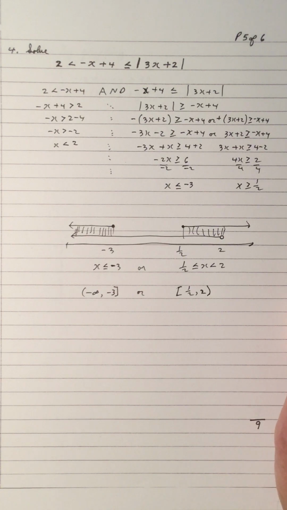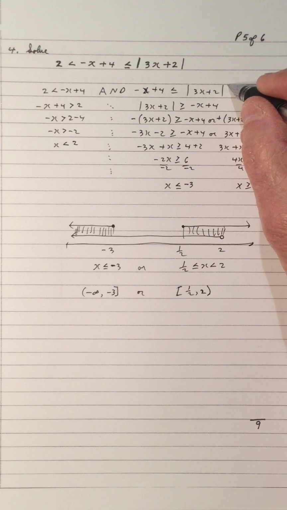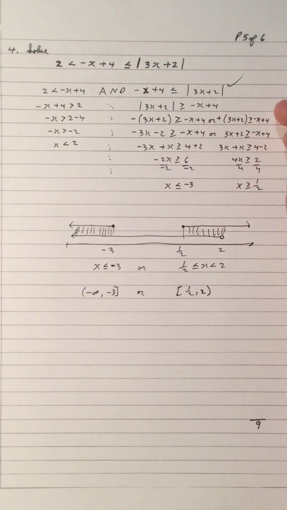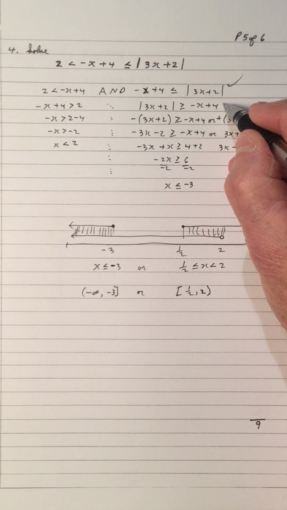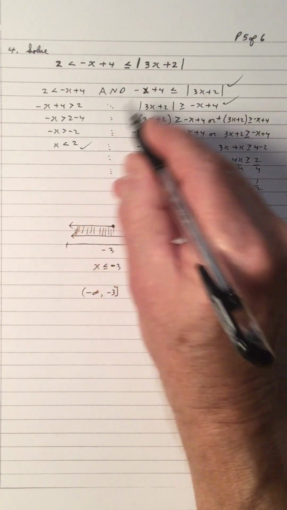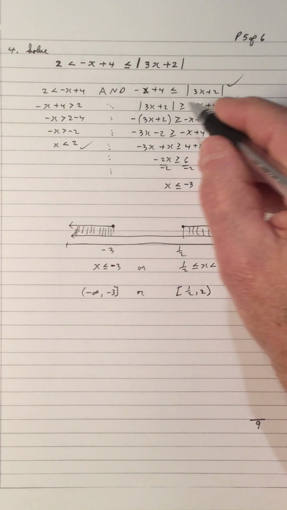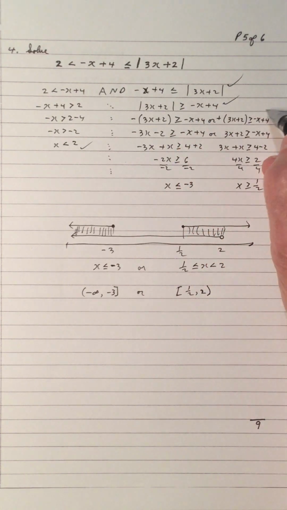And we have 9 marks. So if you wrote this line down, you give yourself a mark. If you stated it as this, you give yourself another mark. If you solved it down through here, you get another mark. And if you solve as you go down through here, if you wrote this one as the plus and the minus, you give yourself another mark.